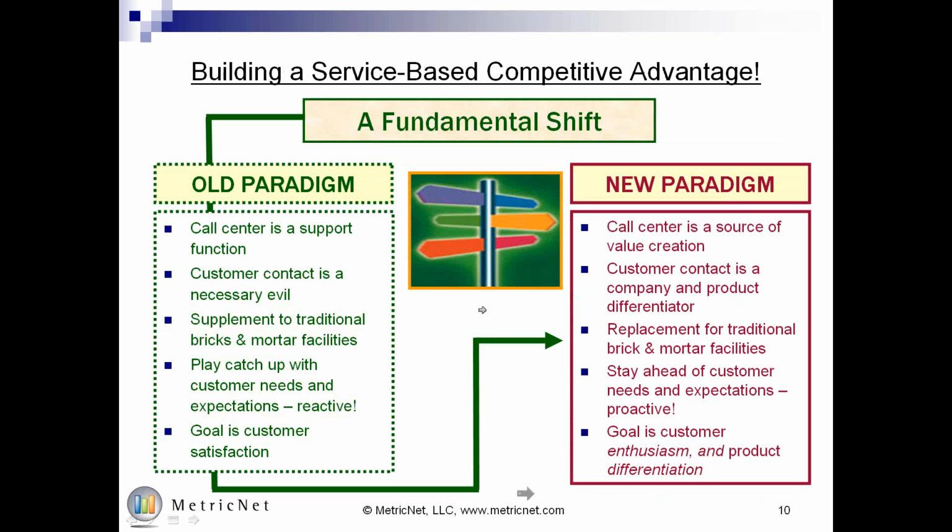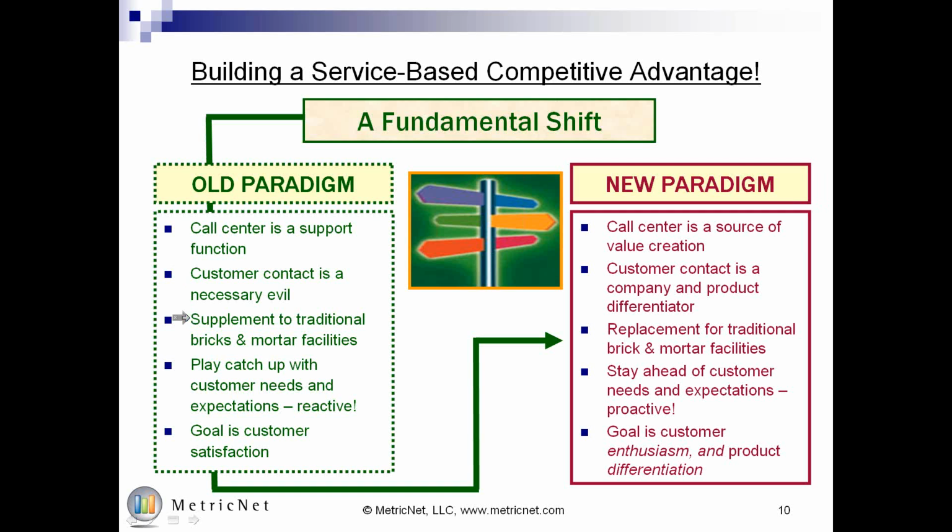And as an increasing number of companies recognize this over the last 3 to 5 years, a new paradigm has emerged, a new business model, if you will, for call centers. The old paradigm viewed the call center as a support function. Some of our clients even told us, well, customer contact is kind of a necessary evil. We have to have it, so we've got it. We would prefer not to.